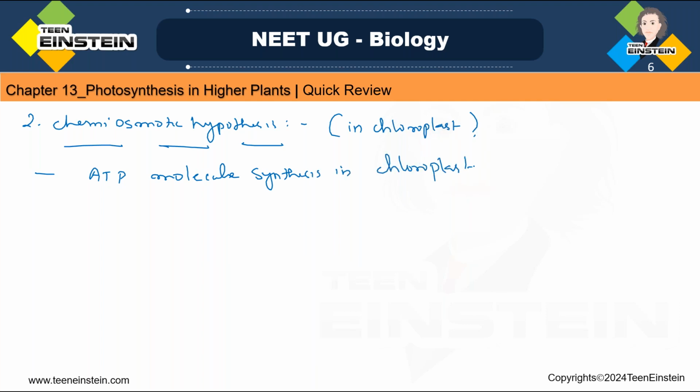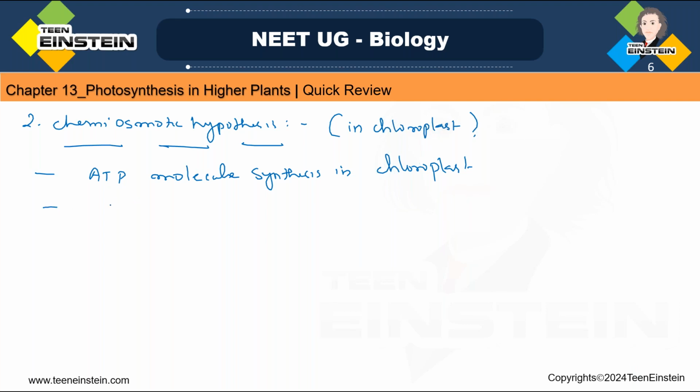That we can understand from the chemiosmotic hypothesis. In brief, chemiosmosis requires a membrane, a proton pump, a proton gradient, and the enzyme ATPase.